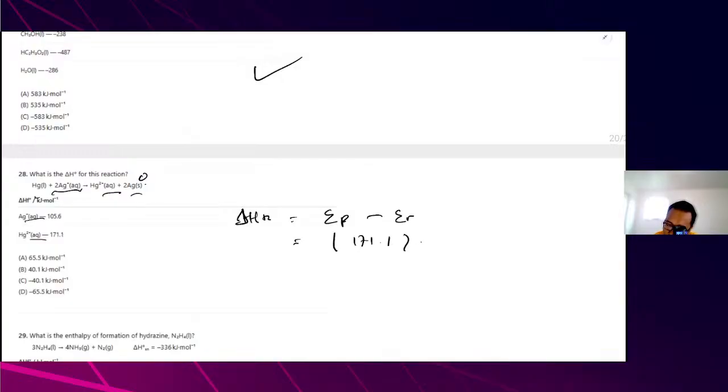So the product will be 2 times 105.6, and then plus 0. Then this one also plus 0. Let's see.